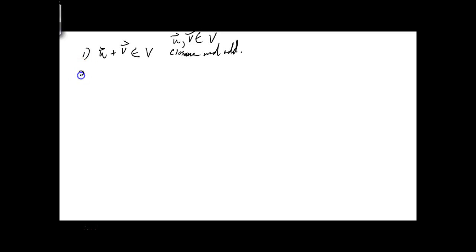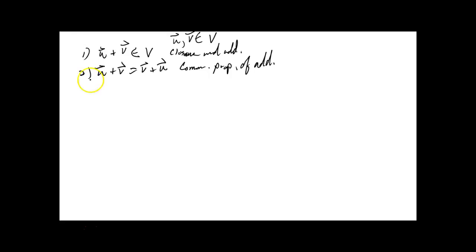Number 2. u plus v is the same as v plus u. The order in which you add two vectors or polynomials or functions, whatever, doesn't matter, and this is the commutative property of addition. Okay, just like we've done before. This is nothing new.